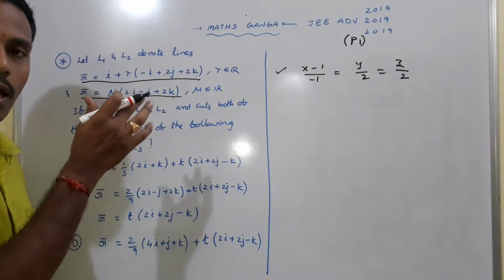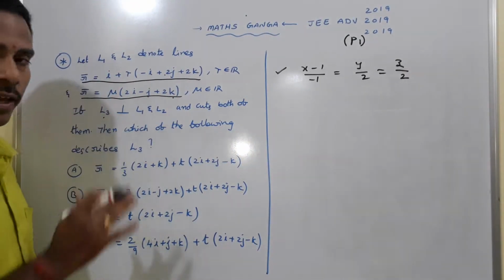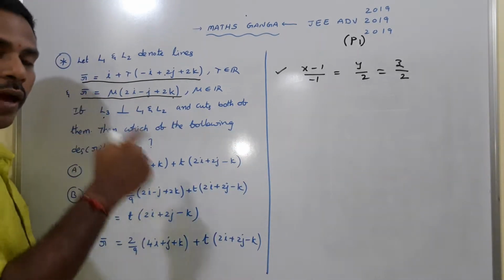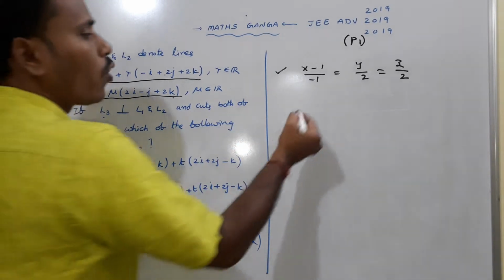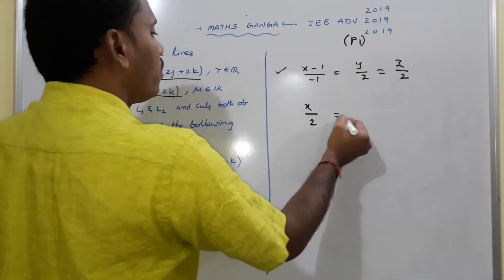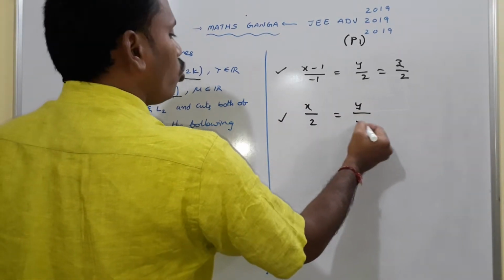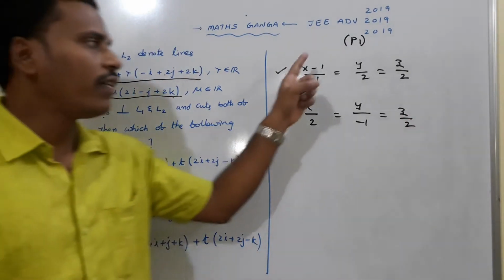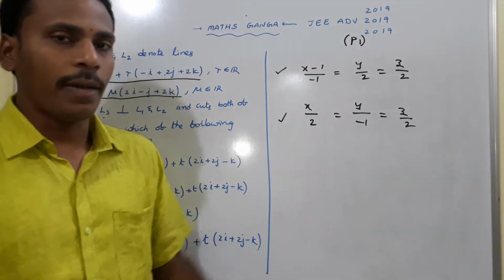So this is the three-dimensional representation for the first line. Coming to the second line, there is no point here, so we treat the point as the origin. So x minus 0 by 2 is equal to y minus 0 by minus 1 is equal to z by 2. These are the given two lines L1 and L2 in three-dimensional form.